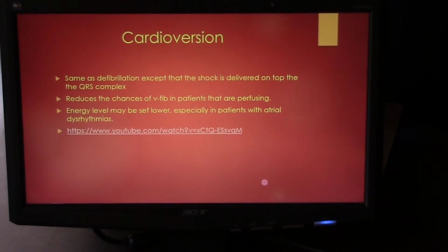So if a patient is in rapid AFib or is going for an elective cardioversion in atrial fib or is in VTAC with a pulse, cardioversion is indicated. Energy levels may be set lower, especially in patients with atrial dysrhythmias, because it often takes less energy to convert those patients into normal sinus rhythm.